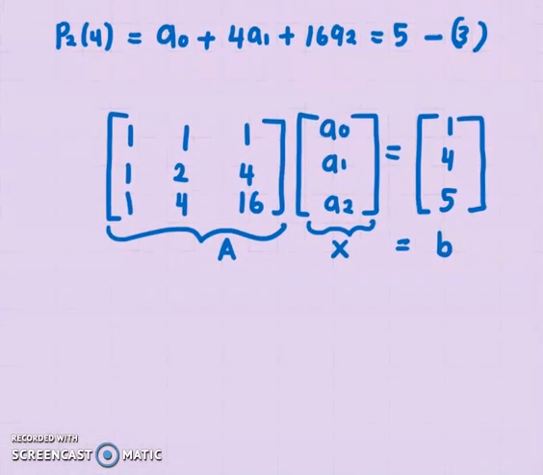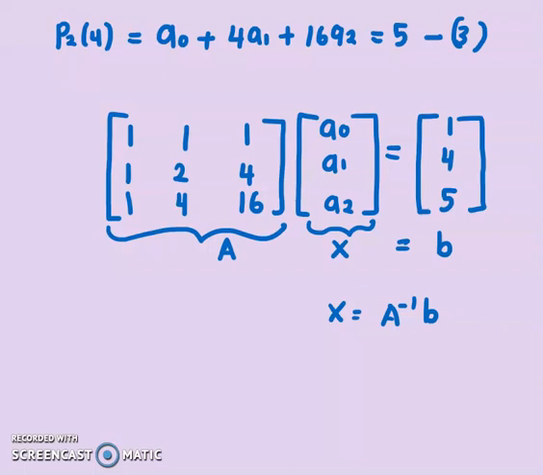Now, to find x, which are all the a values, we need to find A inverse multiplied by b. The easy way is to use the calculator to get A inverse times b.